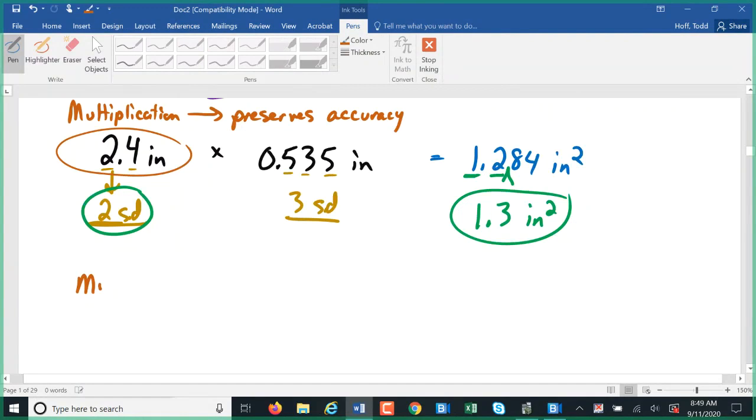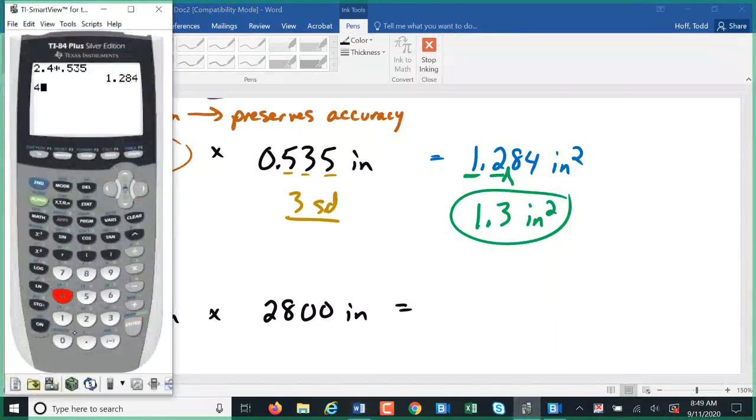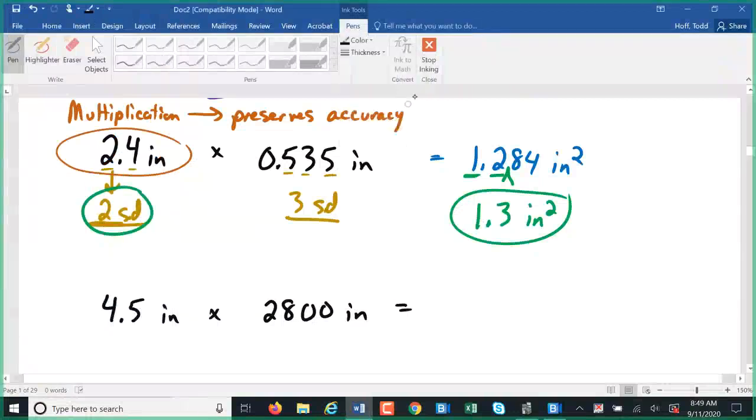Let's do 4.5 inches times 2,800 inches. 4.5 times 2,800 gives us 12,600 inches squared.